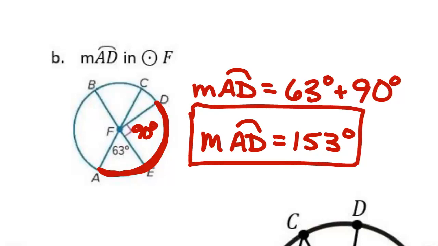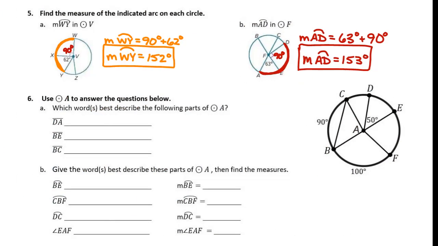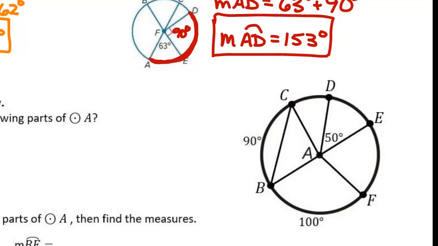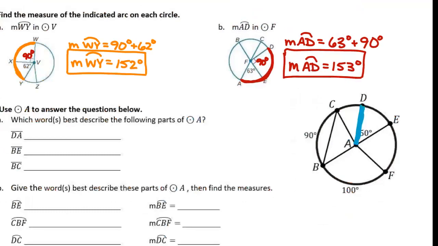All right, we're going to practice naming some pieces of circles and giving measurements where appropriate. Number 6. What would we call segment DA right here? What part of a circle is that? A radius.